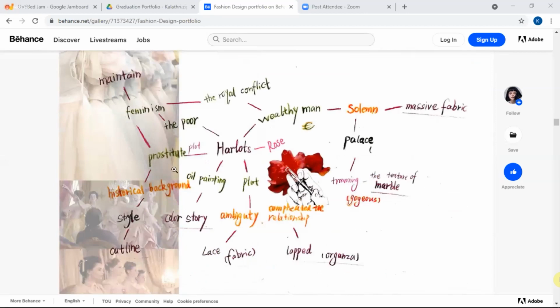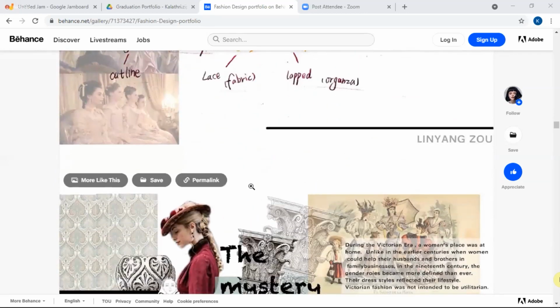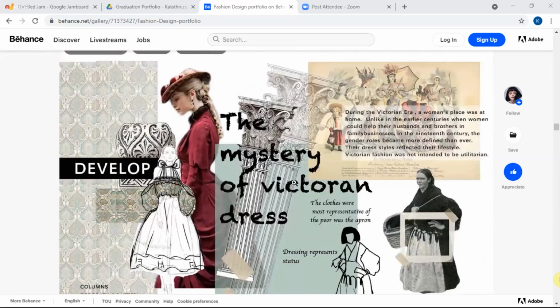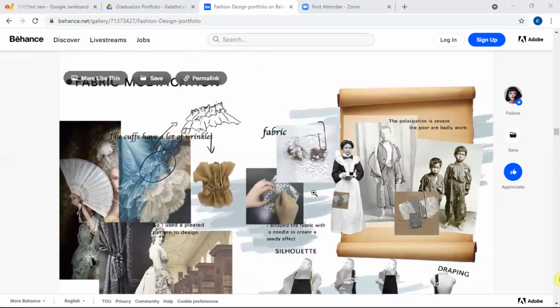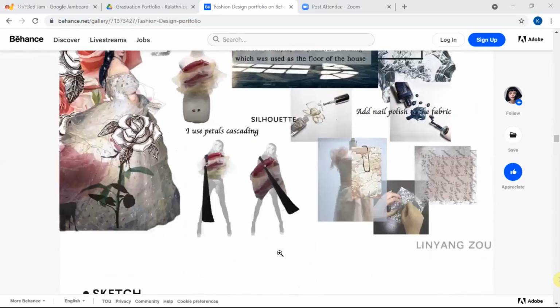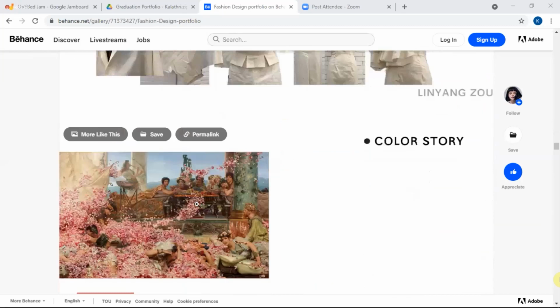And we'll talk about mind mapping. This is called mind mapping. How you go into ideas through one major idea. And this is the mood board, the design developments. Again, the design developments. So the color palette.